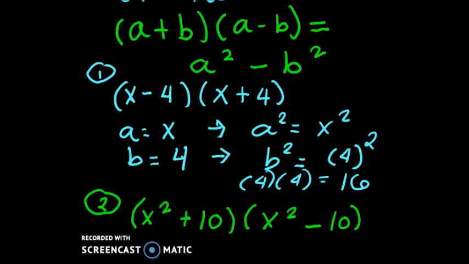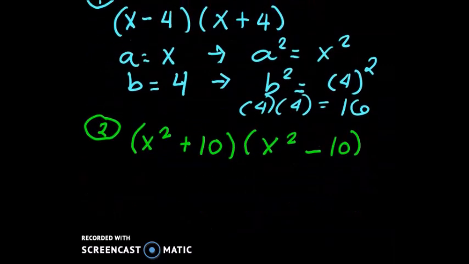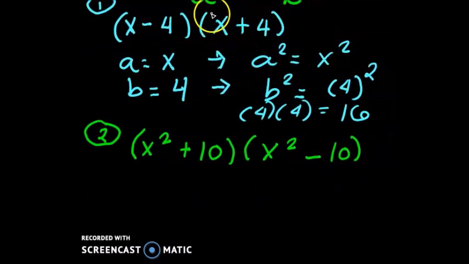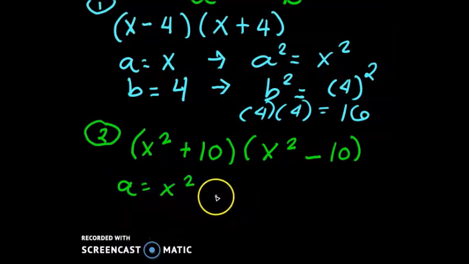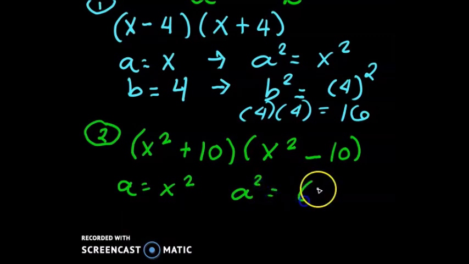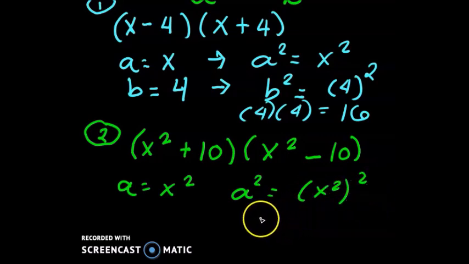Again, the process for this is we just need to get the two squares, the square of the first term and the square of the second term. Our first term here is x squared. To square the x squared, x squared times 2 power, so we have 4.